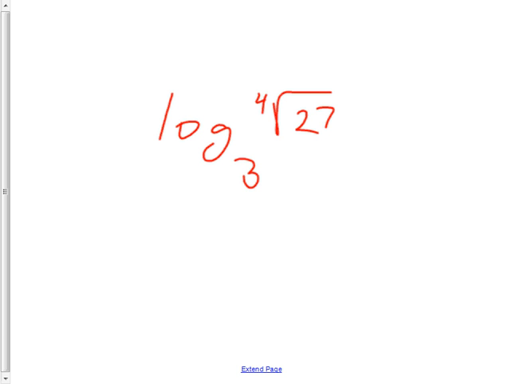I'll pause for a moment. Okay, did you say that this was log base 3 of 3 to the something? Well, how do you get a 3 to turn into a 27? Yes, sir. It's 3 to the 3rd, and that helps me write this as 3 to the what? 3/4. And therefore the answer is 3/4.